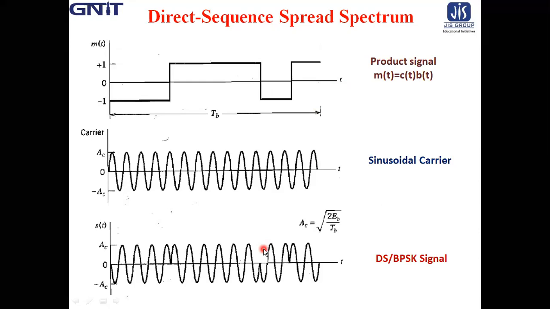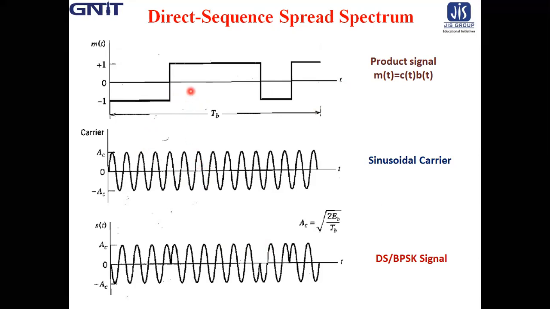This is the waveform of the modulated signal. First, this is the product signal, that is m(t) equals c(t) times b(t), and this is the carrier signal.